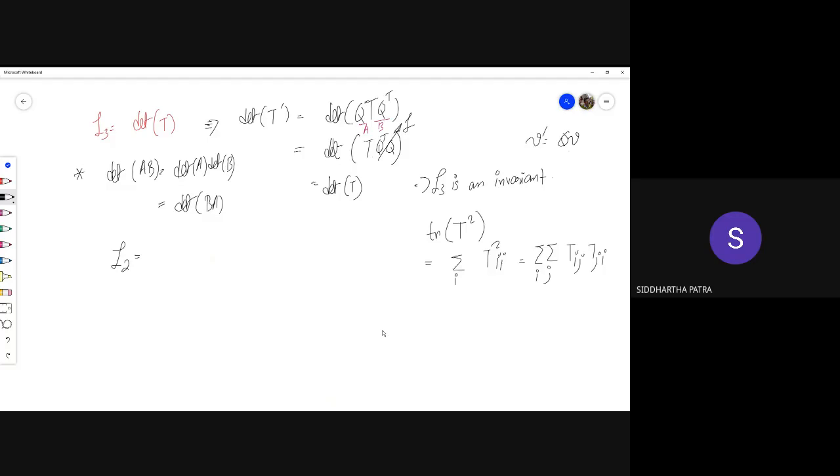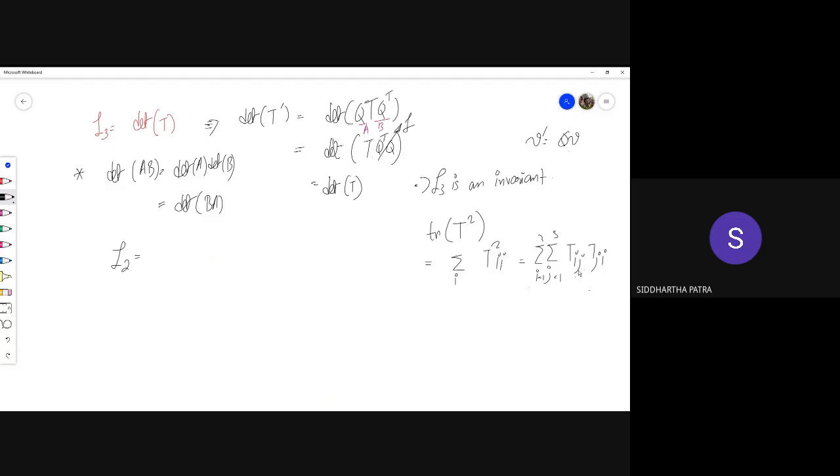So what I'm doing here is I'm simply taking the ijth term. There are 9 such terms that I'm adding, because i runs from 1 to 3 and j runs from 1 to 3. Each of those 9 terms is formed by taking the ijth term and multiplying it with the corresponding ji term.